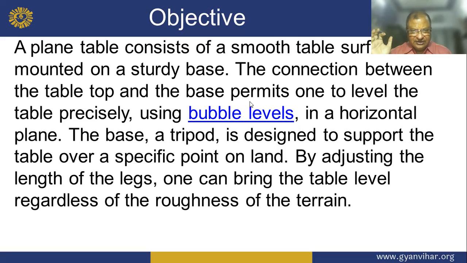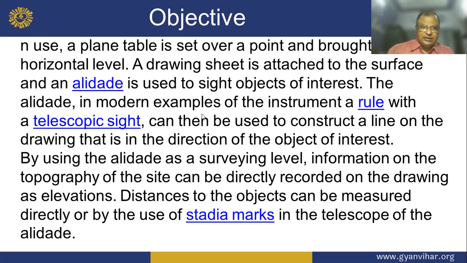The base, a tripod, is designed to support the table over a specific point on land. By adjusting the length of the legs, one can bring the table level regardless of the roughness of the terrain. The plane table is set over a point and brought to a precise horizontal level.